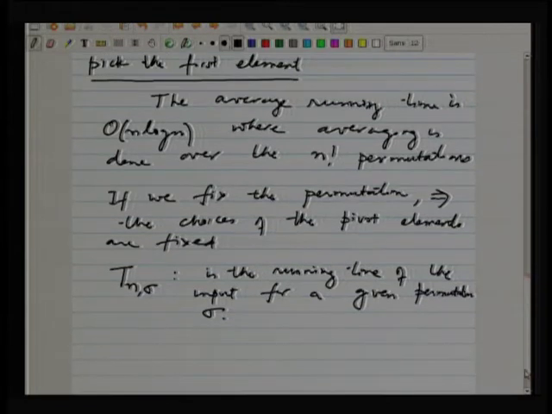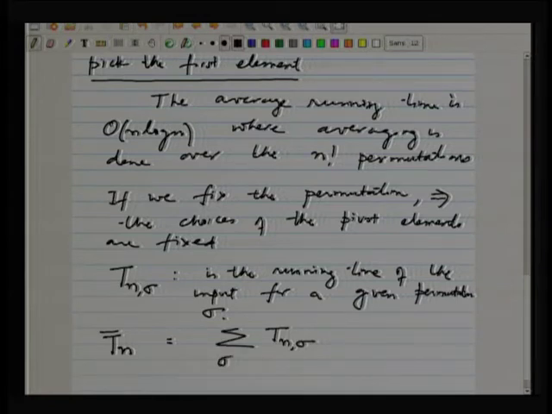And what this average case running does is simply claims that this T bar, which is the average case running time of quicksort for sorting n elements, is nothing but simply the averaging of that, assuming all permutations are equally likely. Okay. So, I will sum up the running time over all permutations.